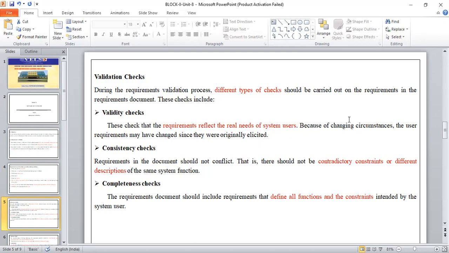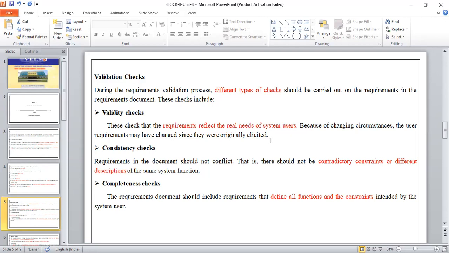Whenever circumstances change, the user requirements may have changed since they were originally listed. Therefore, the requirements are always checked against the needs of the system users. Sometimes the system circumstances may change, the user circumstances may change. Therefore, it should be checked periodically.